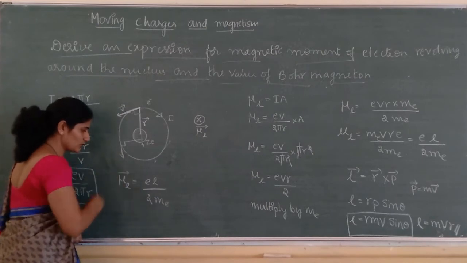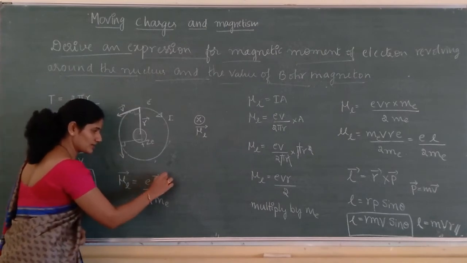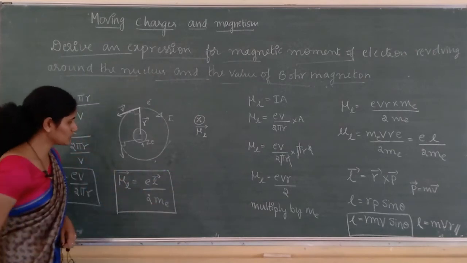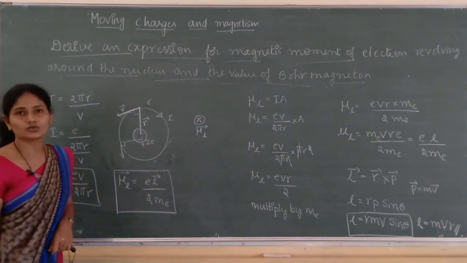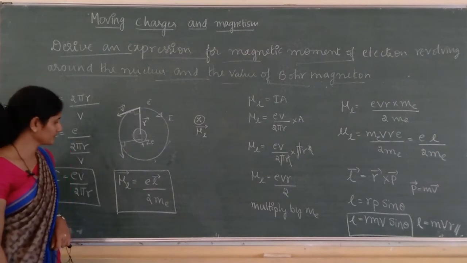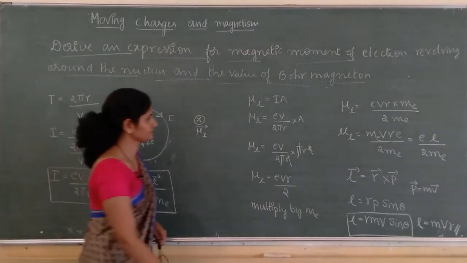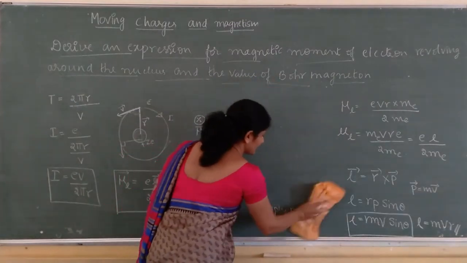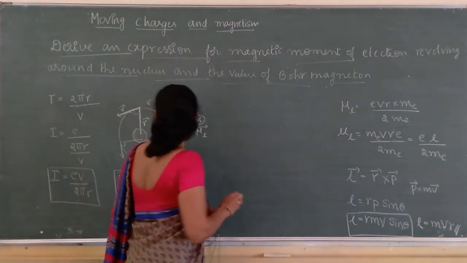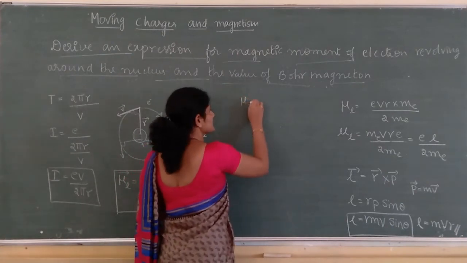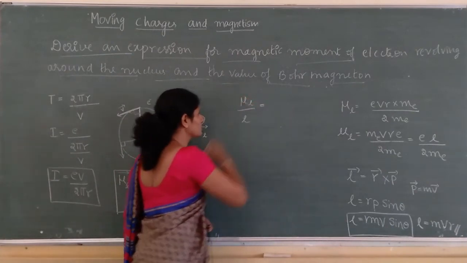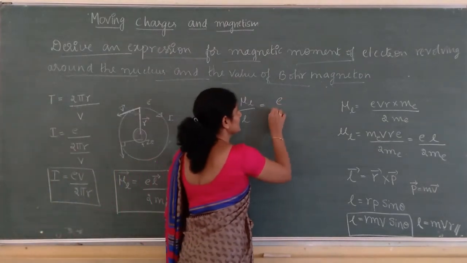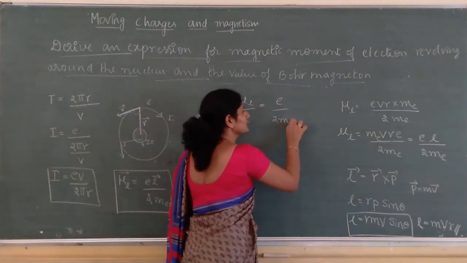Mu L is a vector quantity, and angular momentum is also a vector. Taking the ratio of magnetic moment of the electron and the angular momentum, mu L by L is equal to E by 2me.